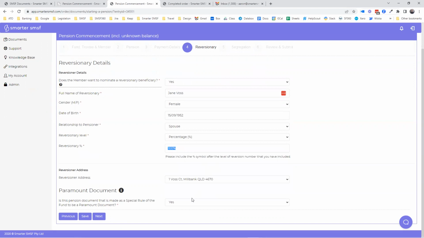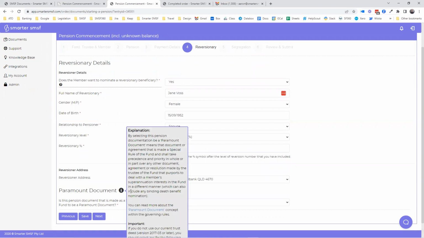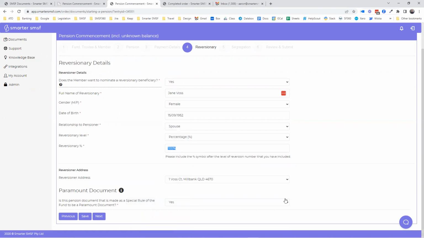And then our final bit, which is unique naturally to us, is this concept of what we call our paramount document. So this is only allowed because of our Smarter SMSF deed. But what it says is, do you want this document to take precedence over any other document that may be in conflict with this document? So what does that mean in English? What it means is if you want this document that has a reversionary beneficiary to override any BDBN that may be in existence so that the reversionary would outrank that, then that is what would happen.